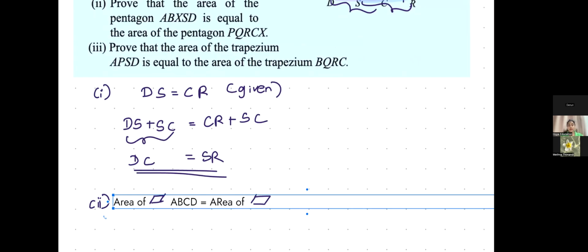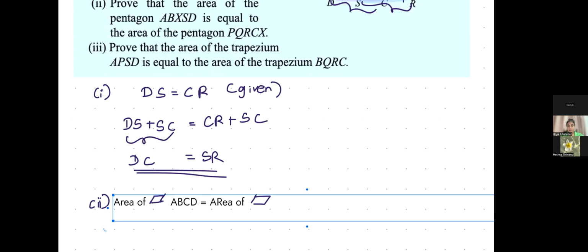For the reason I write: parallelograms between the same pair of parallel lines.